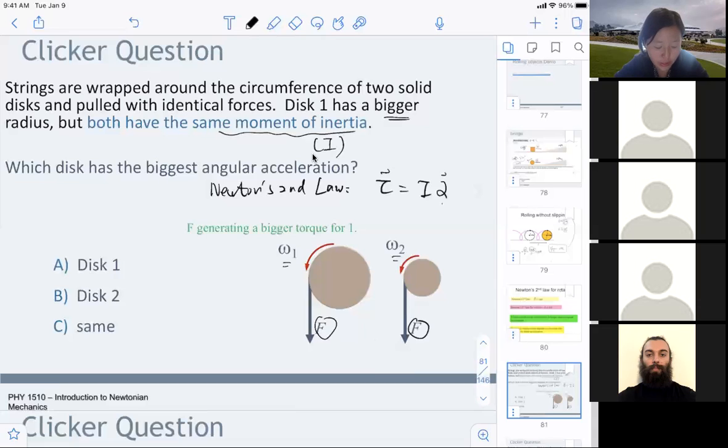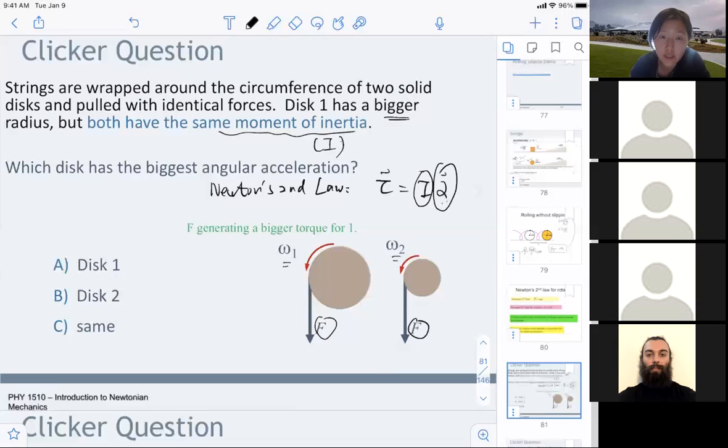Pretty much tied between 1 and 2. There are quite a lot of different variables inside, right? We have to figure out which variables are the same for both and which are different, so we can figure out which one has a bigger alpha. If we use Newton's second law approach, torque equals I alpha, we have the same I, which was already given.